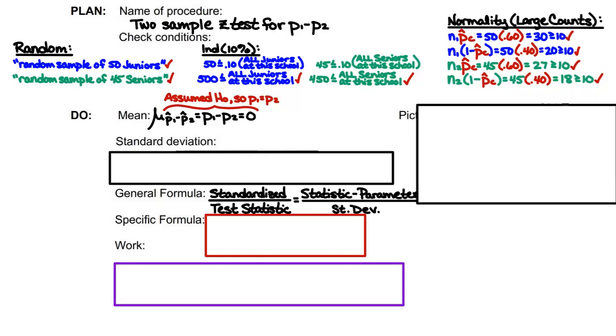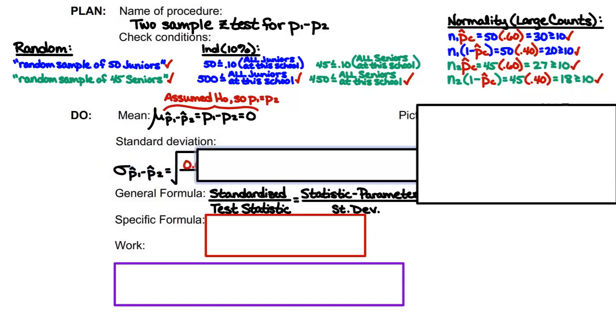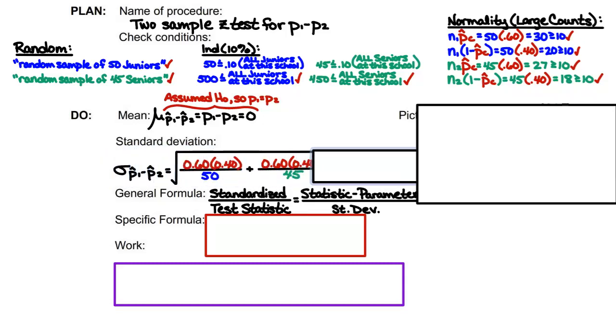So you have to find p hat combined. We know our p hat combined was about how much? 0.60. So we're going to have 0.60 times 0.40 over 50 plus 0.60 times 0.40 divided by 45. And that's what we will use to find our standard deviation, all underneath the square root.